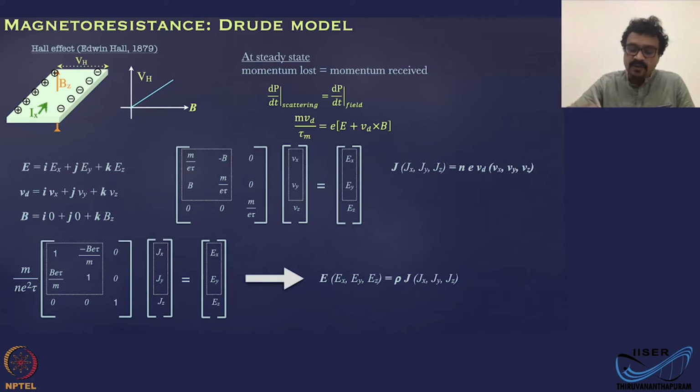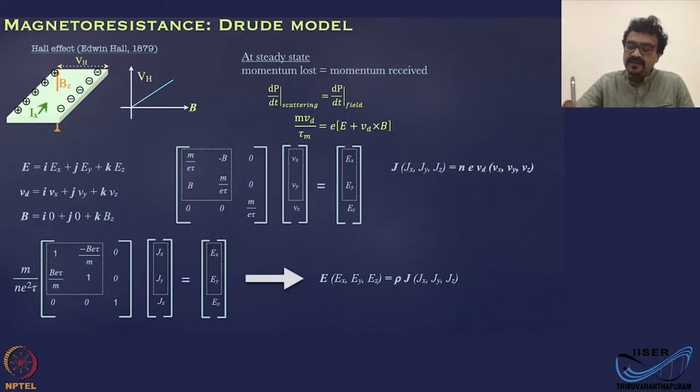In the normal Hall effect, you have a B field and you are plotting the Hall voltage or the Hall resistance. If you divide the Hall voltage by the current, you get the Hall resistance, and you will get a straight line. That is, the Hall voltage is proportional to the B field.